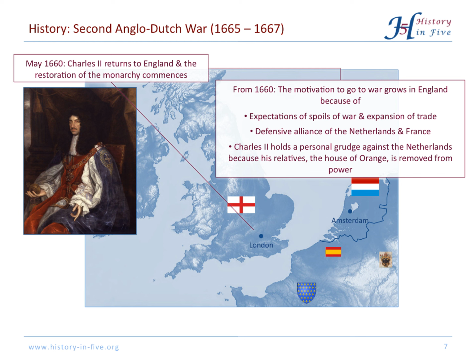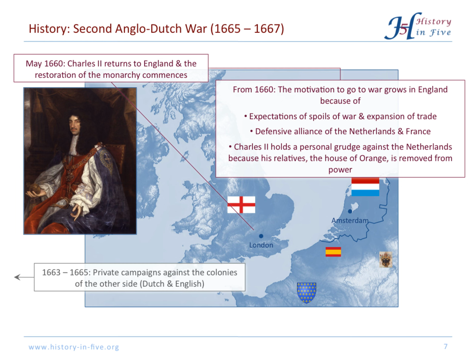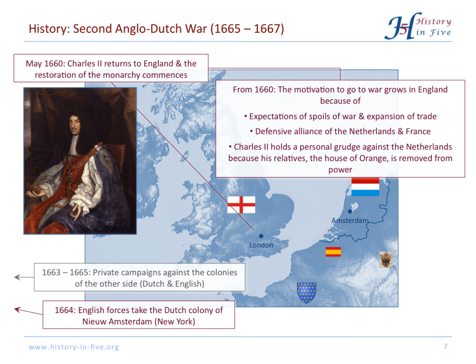And Charles II personally didn't like the Netherlands because the House of Orange, with whom he had personal relations, was pushed away from power in the Netherlands. So there were private campaigns from both sides against the colonies and against trade. And the English then forced the Dutch colony, New Amsterdam, to surrender, nowadays New York. The declaration of war happened on the 4th of March 1665.